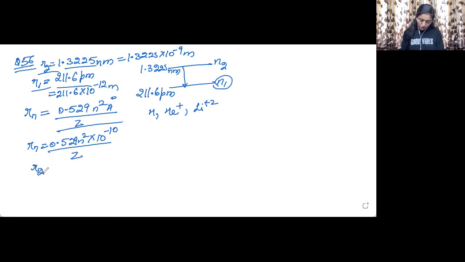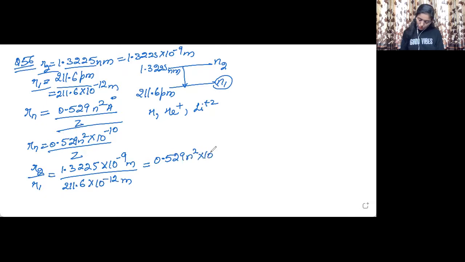Let's see how we can calculate. R2 upon R1 will be equal to 1.3225 multiplied by 10 raised to the power minus 9 meter upon 211.6 multiplied by 10 raised to the power minus 12 meter. So it will be equal to 0.529 n2 square into 10 raised to the power minus 10 upon Z, multiplied by Z upon 0.529 n1 square into 10 raised to the power minus 10.